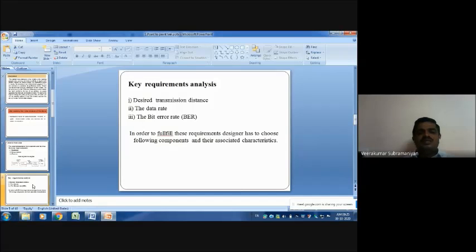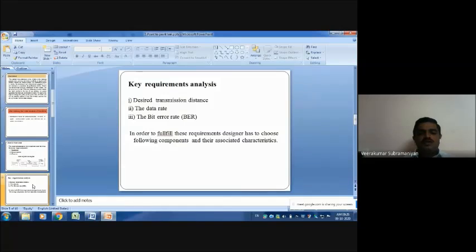Then data rate: how much speed I have to transmit, in kilobytes per second or megabytes per second. Then bit error rate: how much bit error rate it is allowed to produce.